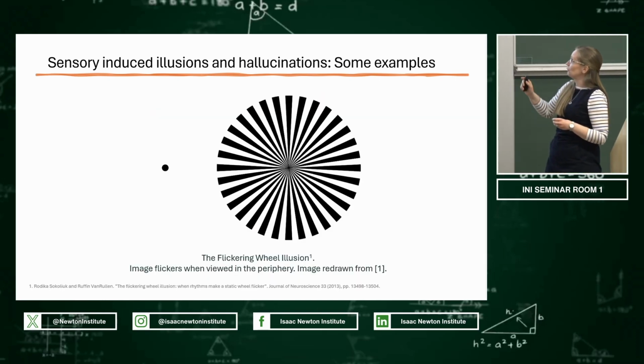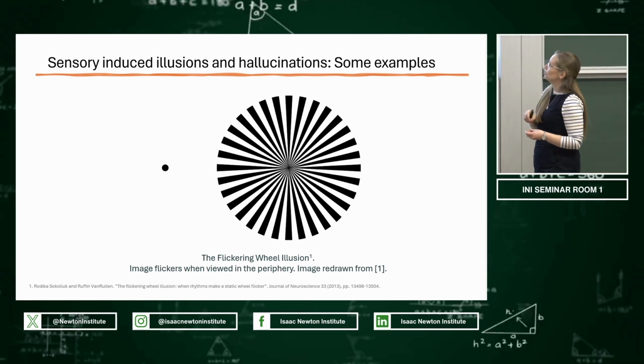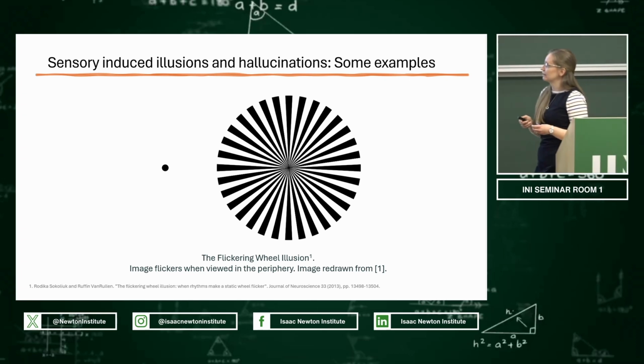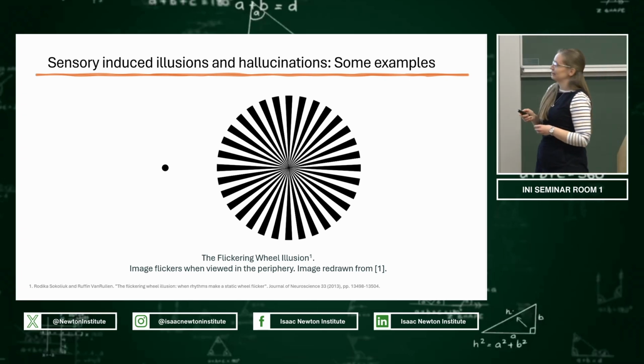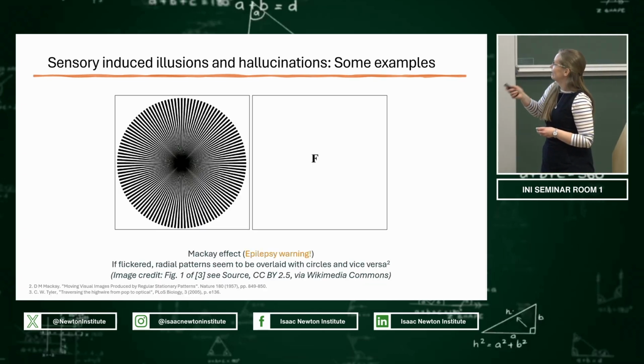The second example is we get this flickering effect, so a scintillating pattern. If you look at the black dots, so that the wheel is in the periphery, again you get this illusion of movement. Okay, so this is a nice one.